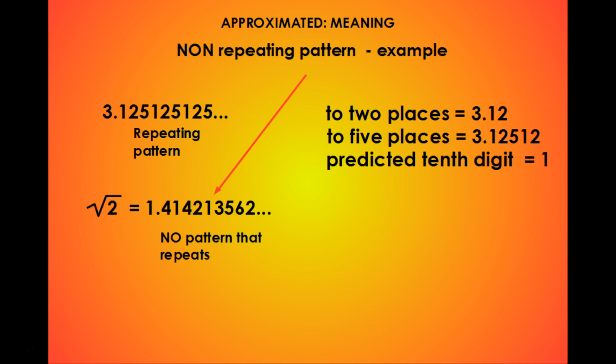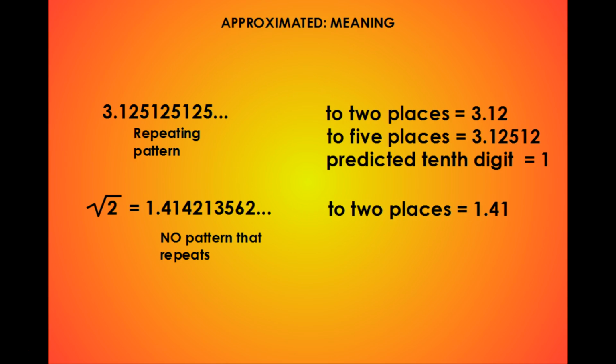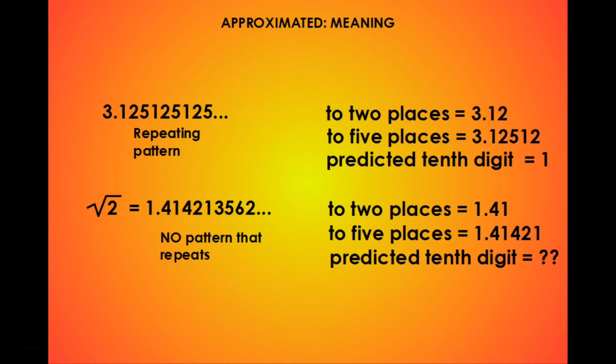Now, there are just 9 digits written here, and again, from the 9 digits, we can write down the number to 2 places, 1.41, to 5 places, 1.41421. But can we predict the 10th digit?